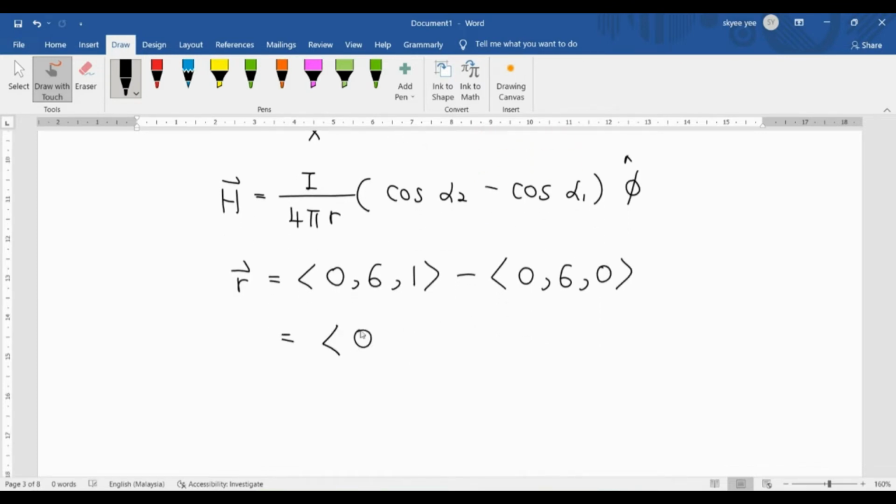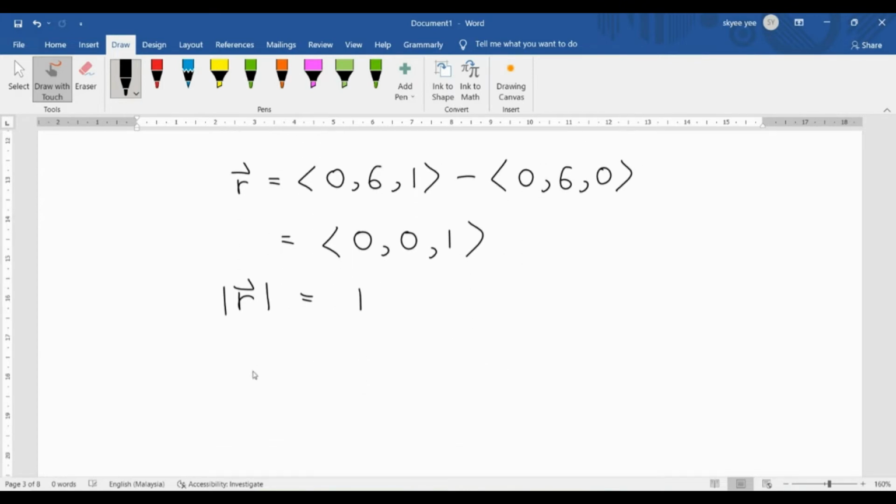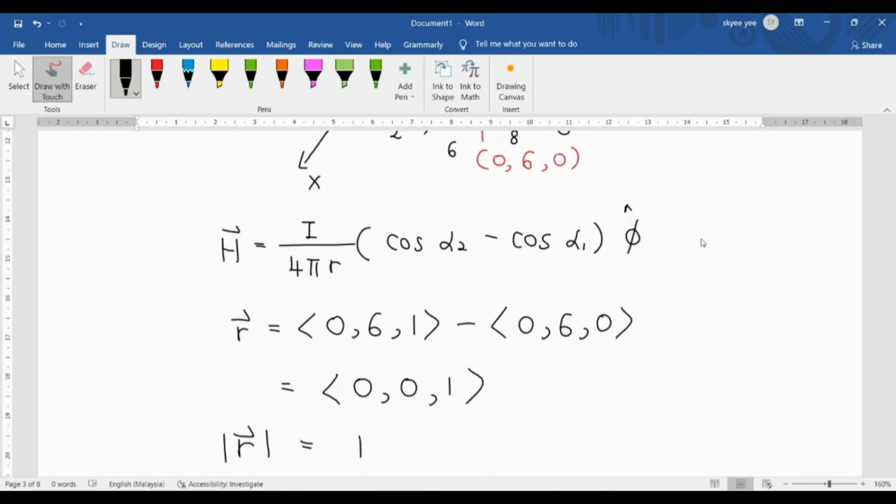So I get 0, 0, 1, which means my magnitude is equal to 1. And my unit vector r will be z, because this divided by this gives z. So I have got the value for this.